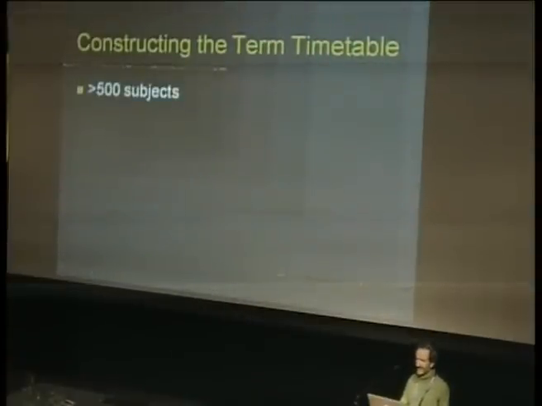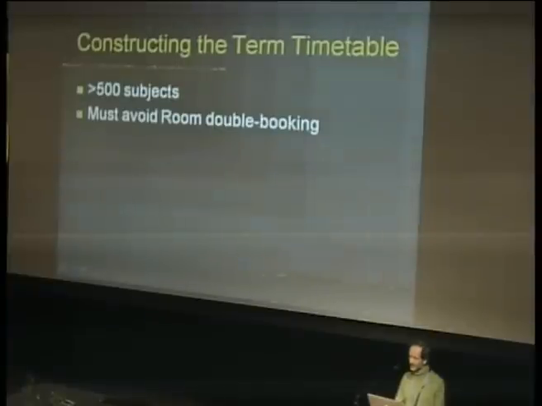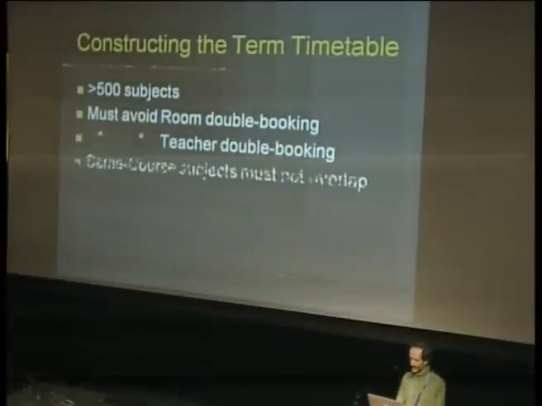a bit of a headache for the academic office, but also for us because we get dragged into the process of making the timetable. And there are more than 500 subjects each of the 2 semesters every year, and the usual problems of trying to avoid double booking of the same rooms and trying not to put the same person in 2 places at the same time.